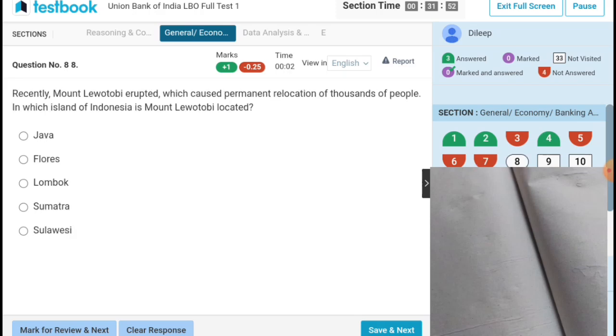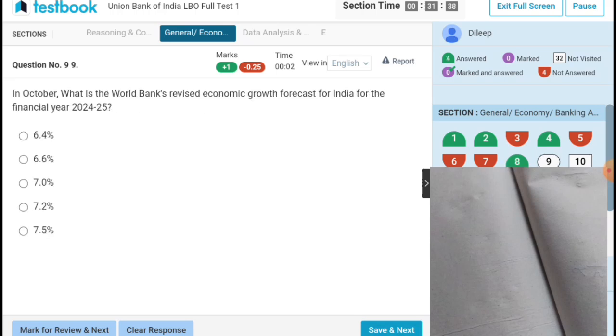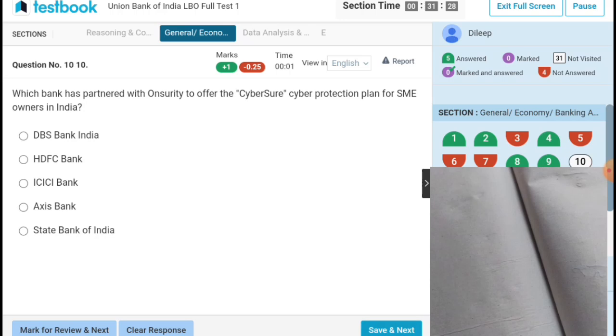Recently marked, I think Sumatra or Sulawesi. World Bank 6.6. Cyber sure.